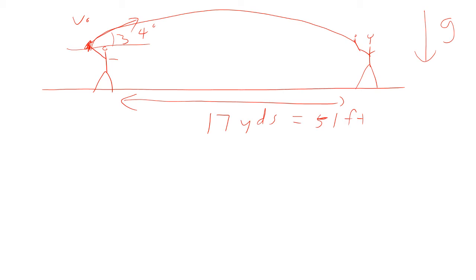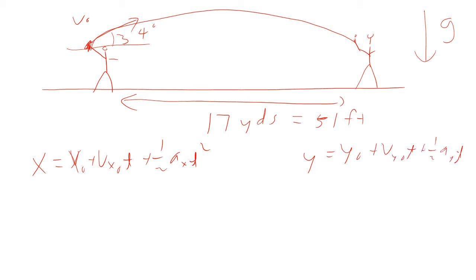All right. So we know that x equals x naught plus vx naught t plus 1/2 ax t squared. y equals y naught plus vy naught t plus 1/2 ay t squared.